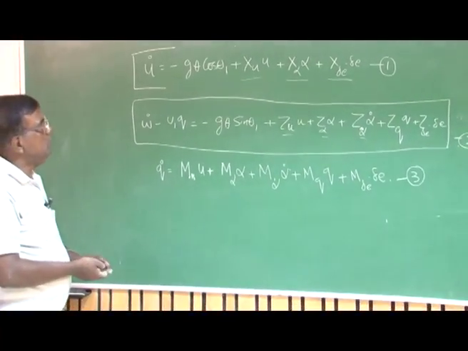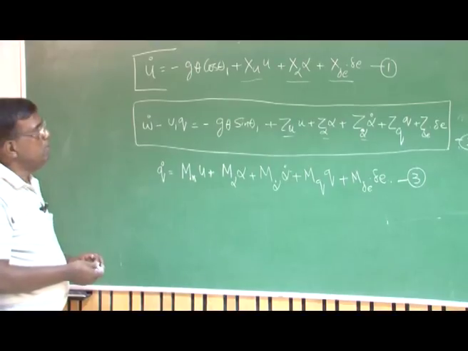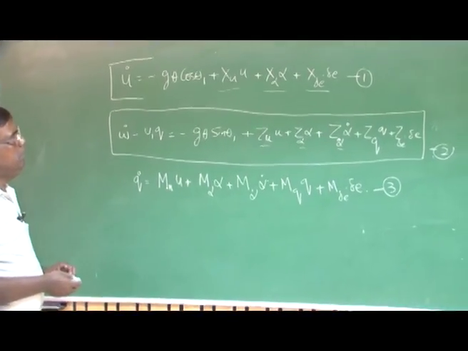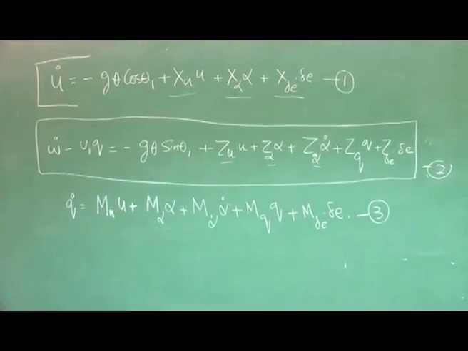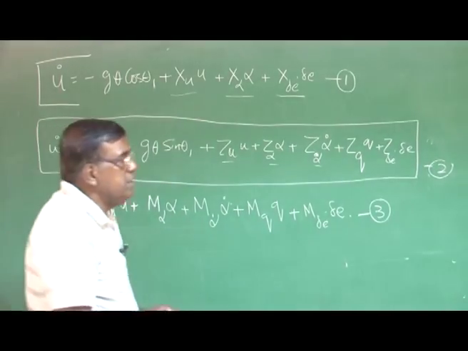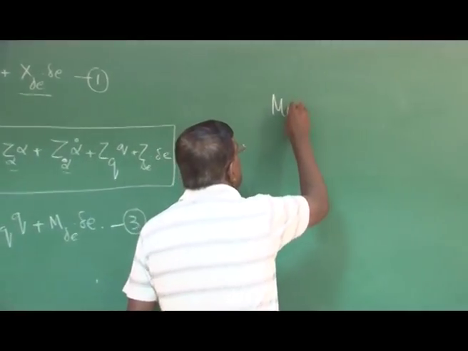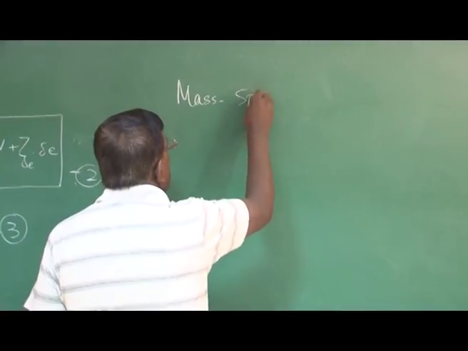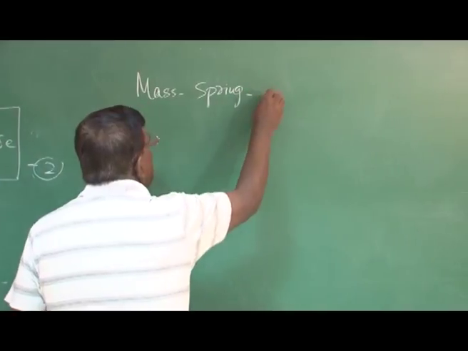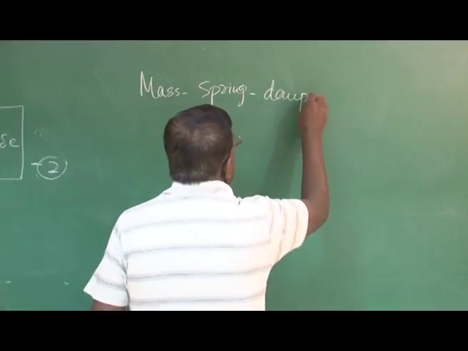But we will see that we will be having a different approach, and to make that understanding clear, I will take you back to the lectures what we started initially for mass spring damper system.